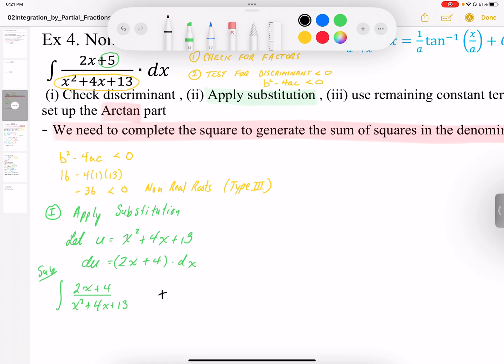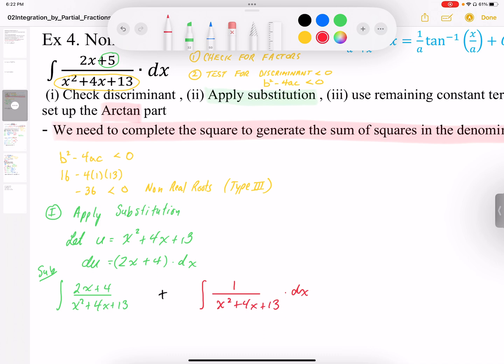And the way that the arctan part is generated is that there's going to be a leftover part for the plus 5 and plus 4 mismatch. There's going to be an extra plus 1. And that's going to be over the denominator. That's the same as here, x squared plus 4x plus 13. Okay, so this is the same as above.